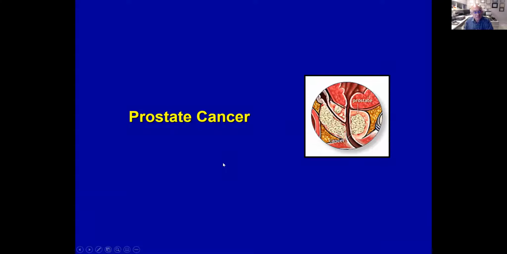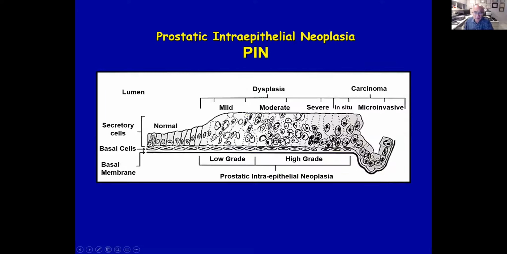Anyway, so we go into the real malignant level, and now we have the classical cartoon where we go from normal cells that become dysplastic and then neoplastic, creating what is called carcinoma in situ, which is basically high-grade prostatic intraepithelial neoplasia.